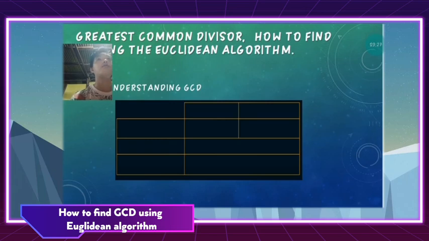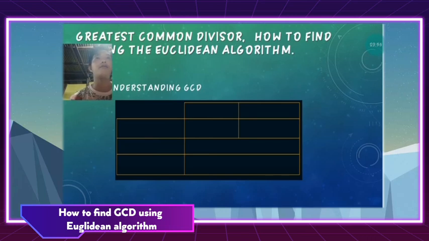Whatsoever, the concept is the same whether you refer to it as GCD or HCF. We are going to find the biggest of the common divisors. If things are not clear, no worries. Let's understand the operation of GCD first.